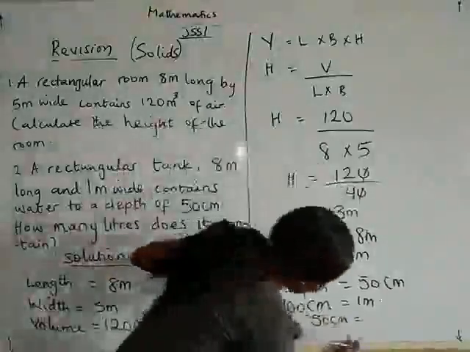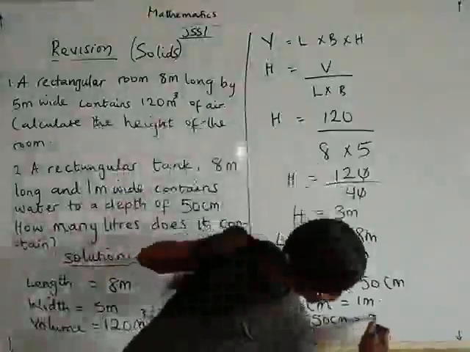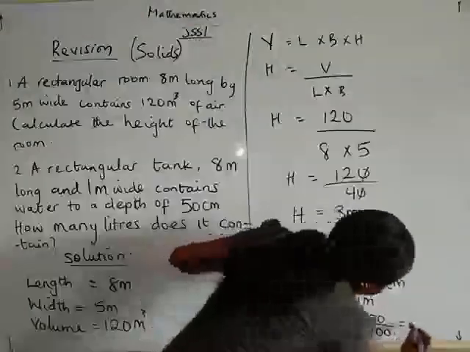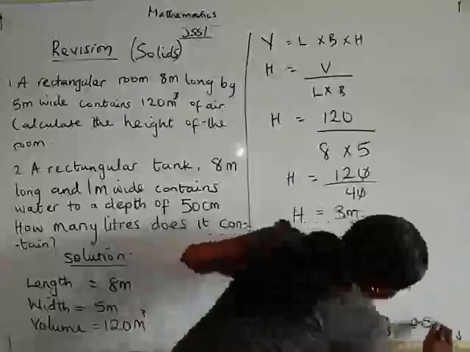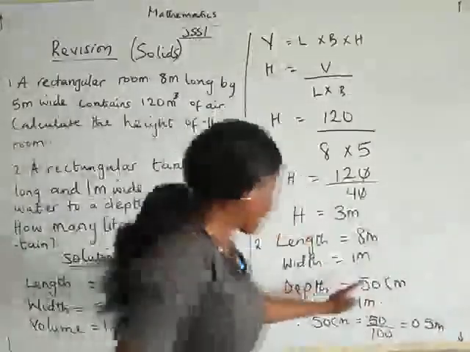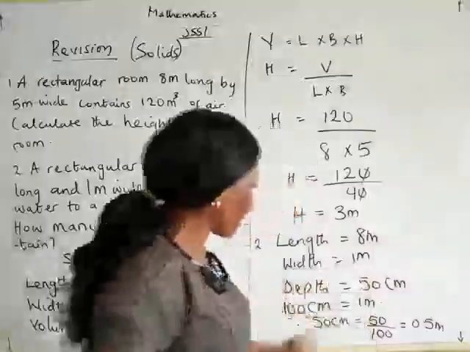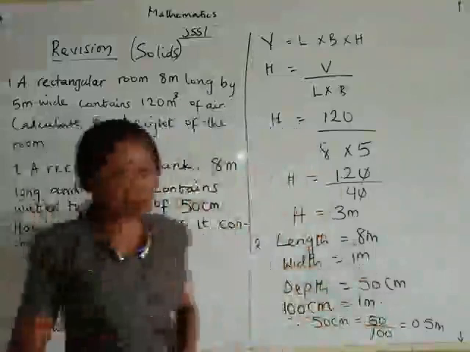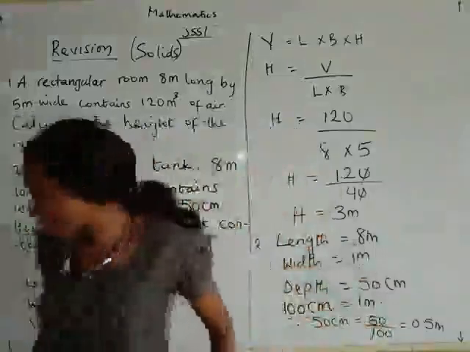It's going to give us 50 over 100, which is 0.5 meters. Now you can see that all the parameters are in the same unit, so we can go ahead to solve our work.